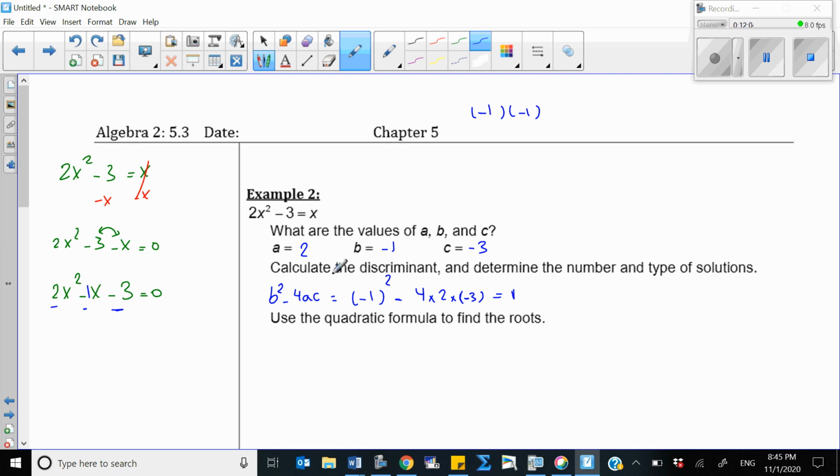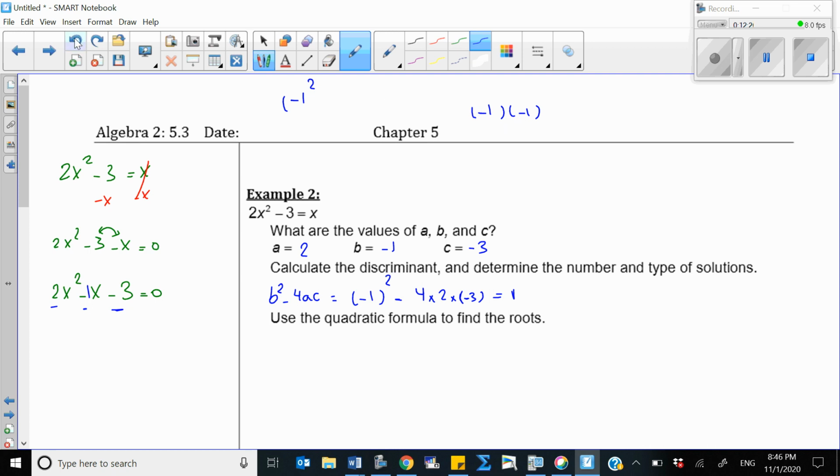Notice that here, if I want to use my calculator, I have to put this in parentheses. Otherwise, the answer that I'm going to get will be negative 1, because the calculator is not smart enough to understand that negative 1 squared means negative 1 times negative 1.